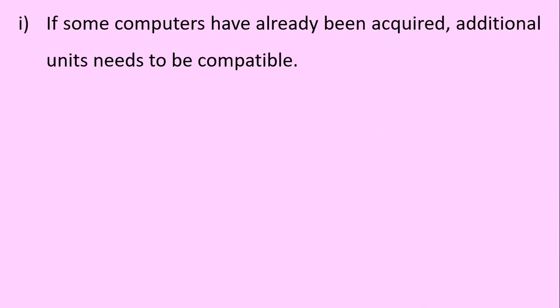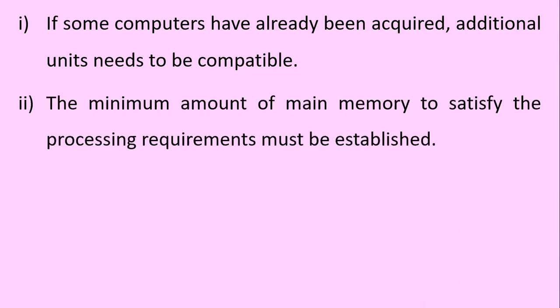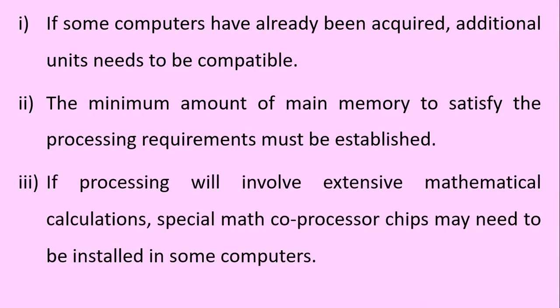Number 1, if some computers have already been acquired, additional units need to be compatible. Number 2, the minimum amount of main memory to satisfy the processing requirements must be established. Number 3, if processing will involve extensive mathematical calculations, special math coprocessor chips may need to be installed in some computers.